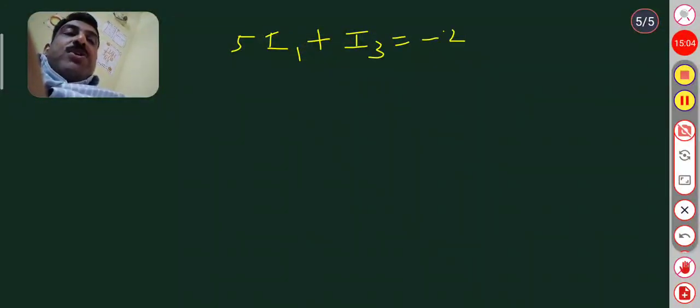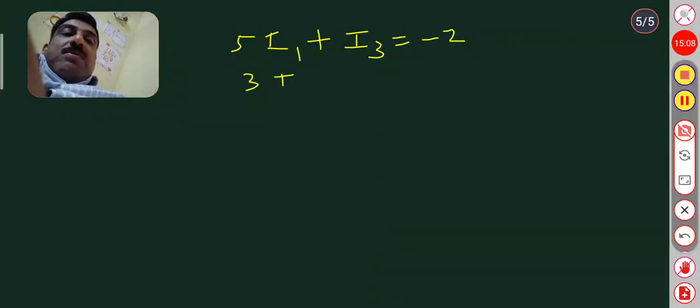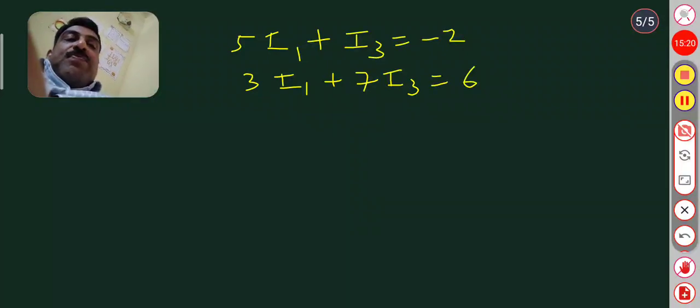And the second equation is 3I1 plus 7I3 is equal to 6. Isn't it?